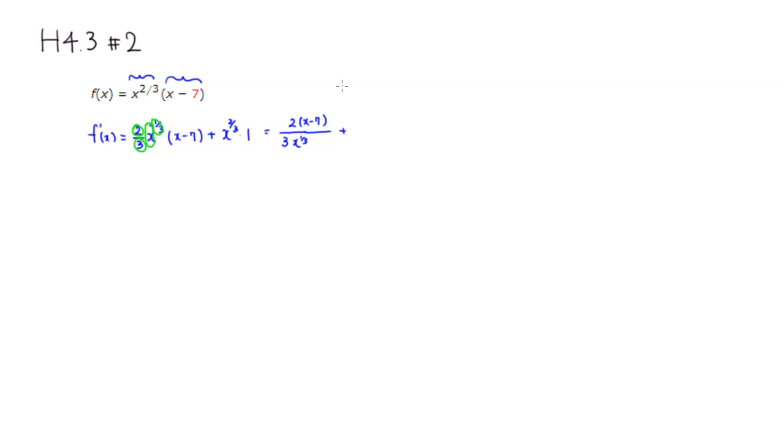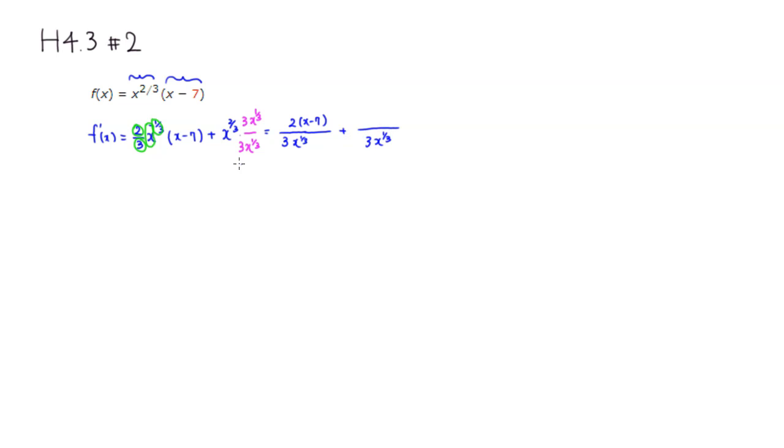Plus, right here, since I want to get 3x to the 1/3 power, I'm going to first ignore this 1, and then multiply the bottom by 3x to the 1/3 power and the top by 3x to the 1/3 power. Now we have the same denominator, 3x to the 1/3 power.